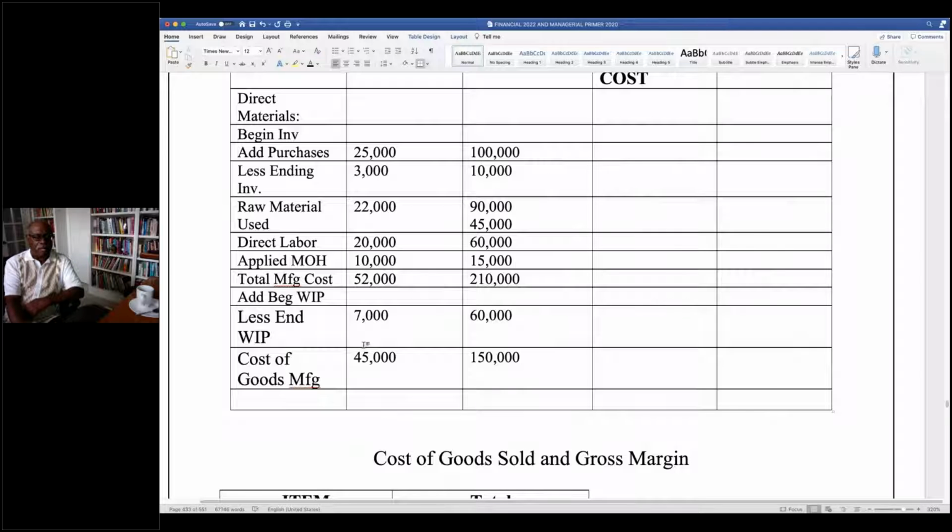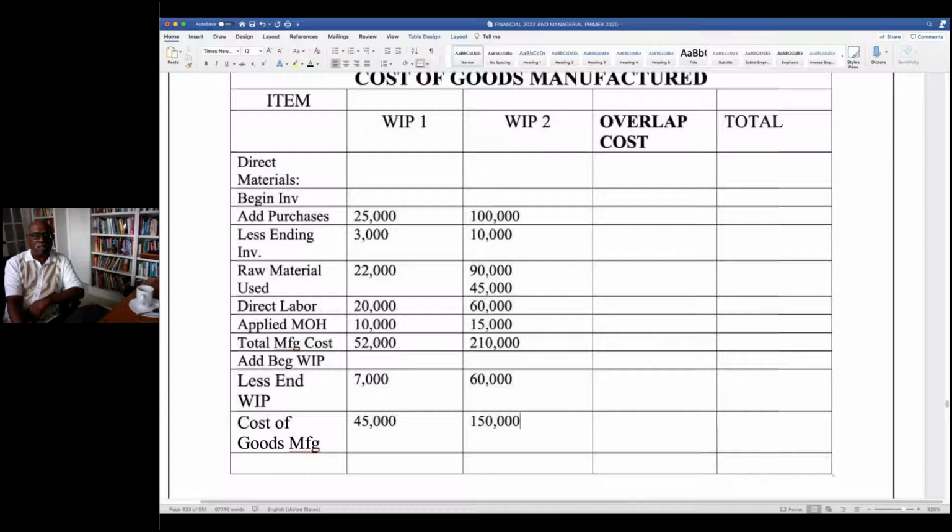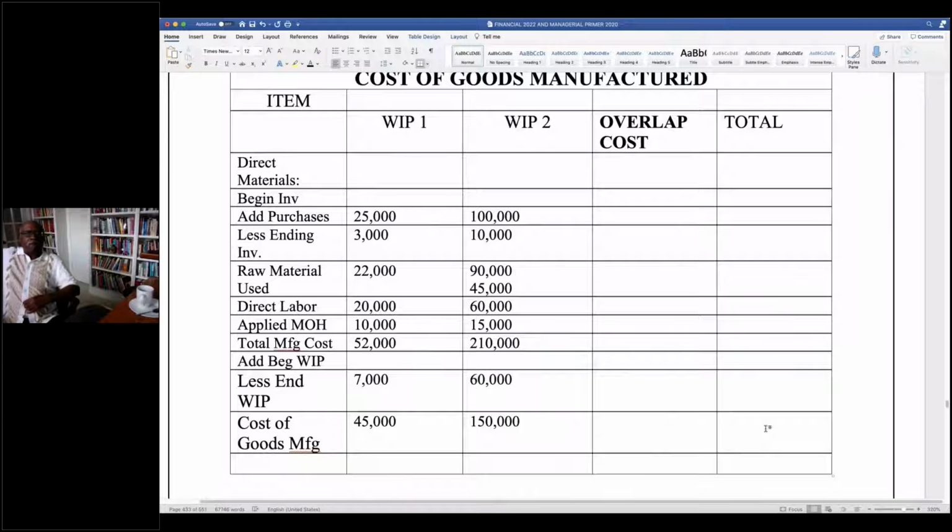Okay, so we have 45 here and 150 here. At the end of the day, what number do we need here? If I just said, what's the total going to be for both processes? 150,000 is going to go there. Well, how's 150,000 going to go there? We have 45 and 150. How do you add up to that?